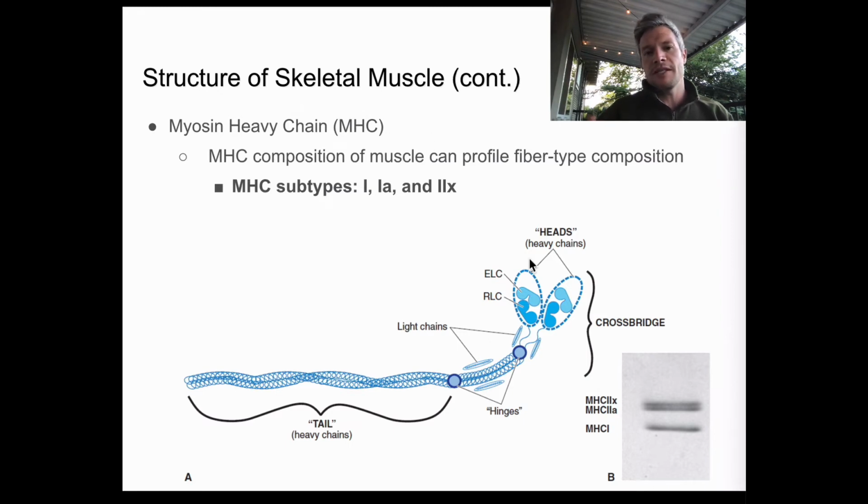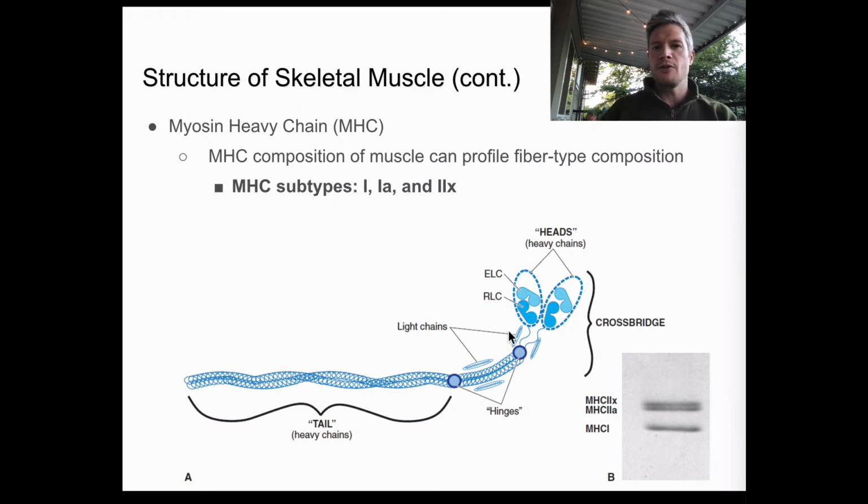We have ways that we can identify what sort of proteins are available, and what we find is there are a few different subtypes. We label them the same as our muscle fiber types, but you can actually get more specific than this. They'll have MHC, or myosin heavy chain, at 9 or 7, and we can identify and stain for those. It's just one more way that we can help identify and differentiate.